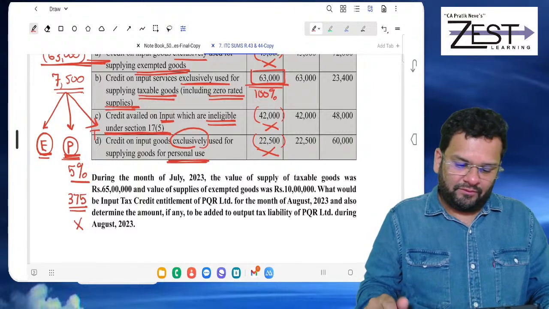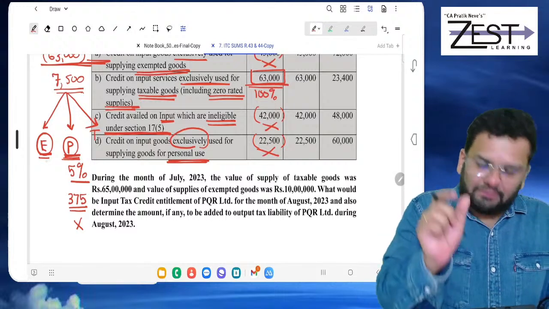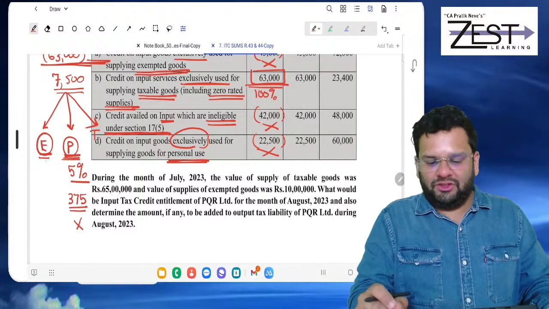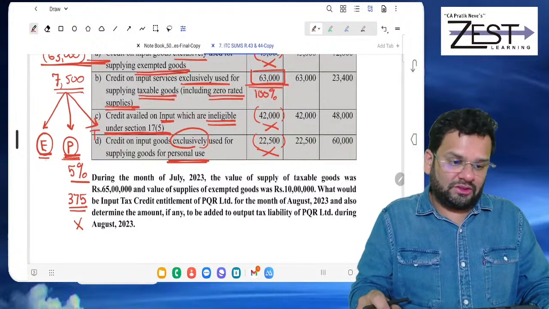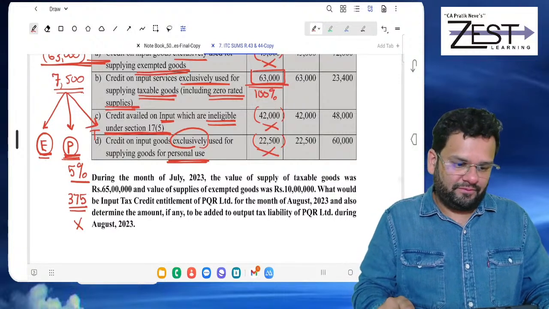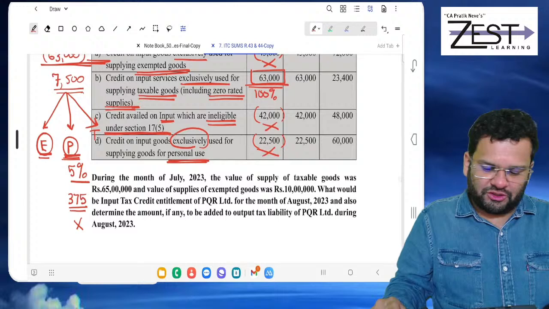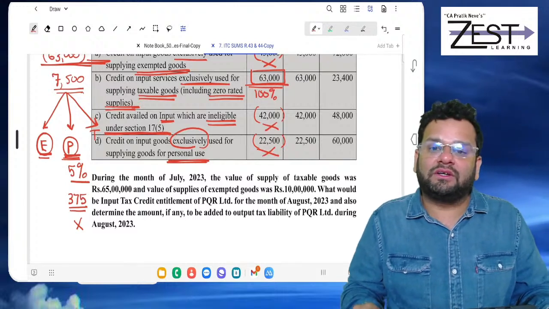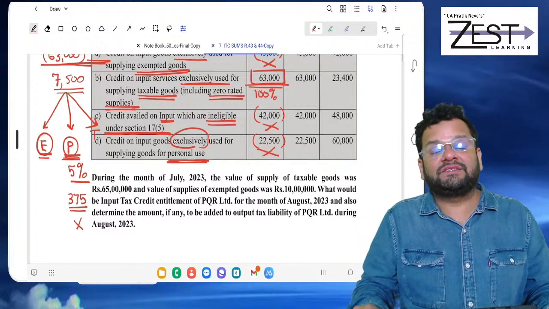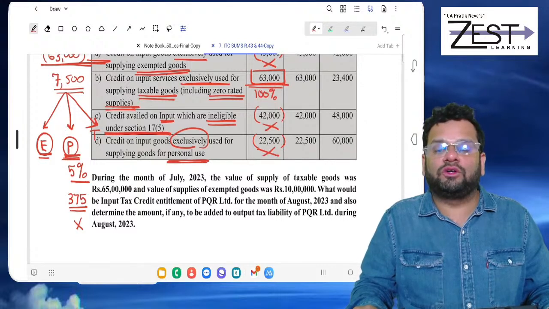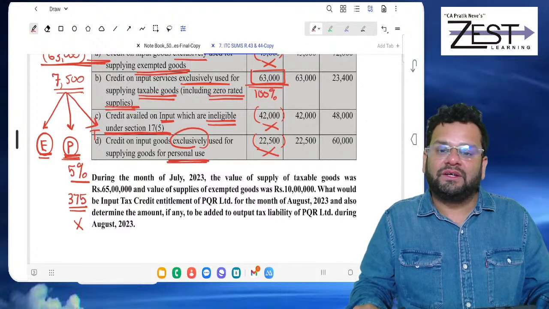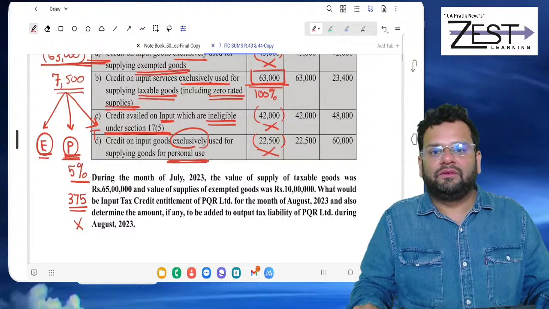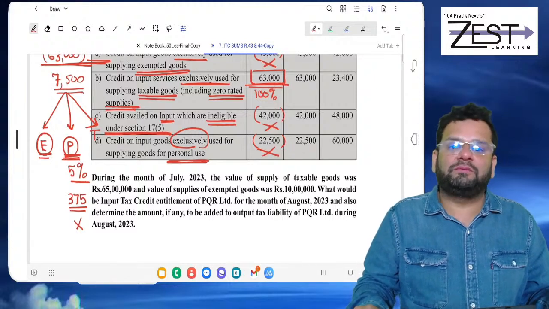And for this exempted part, you have to use the proportion. Can I go to proportion? First of all, have you got the 5%? It's given in the rule. Rule 42 we are using here. It is given in that rule that not allowed will be 5%.